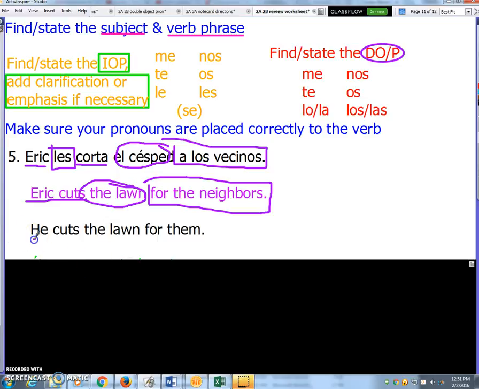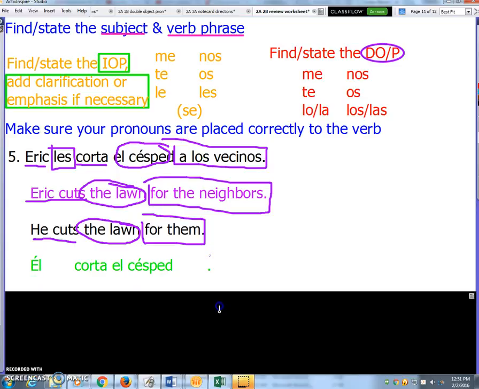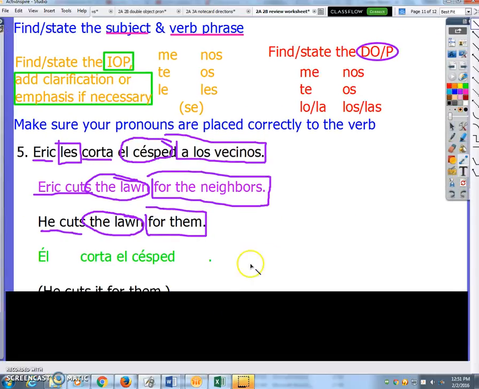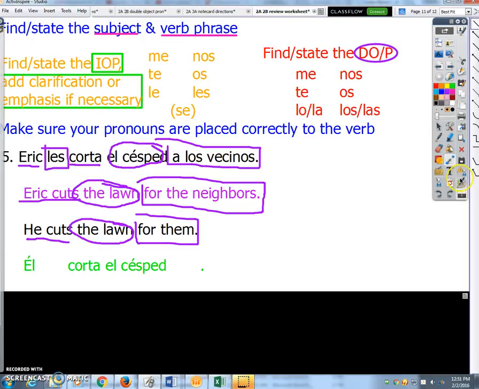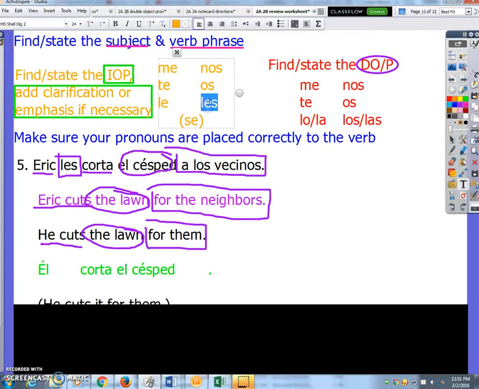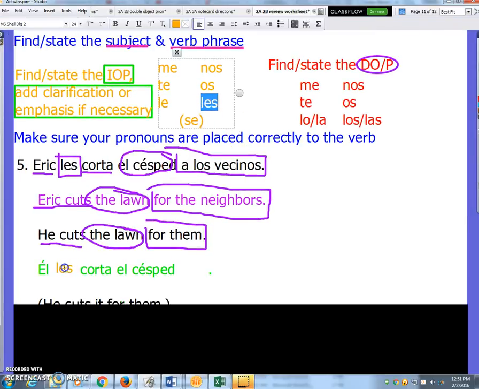And what if I want to say he cuts the lawn for them? Well, it's going to be the exact same sentence, except I'm going to get rid of this clarification or emphasis. So if something's being done to or for someone, you must have an IOP. So it's still going to be lace.